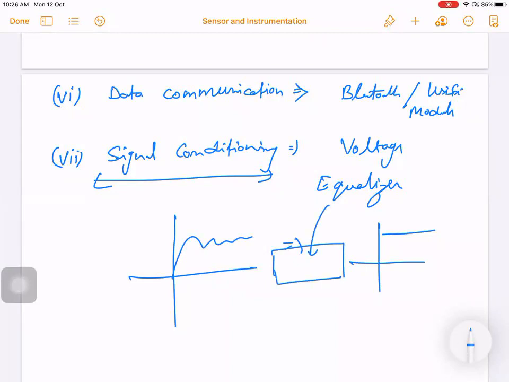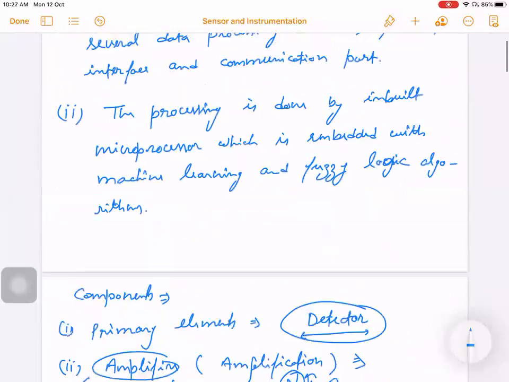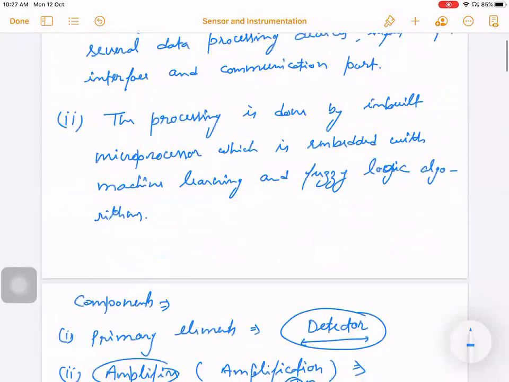Okay, so these are the components we use in a smart sensor. You can write many components yourself, like input output devices, peripheral devices. You can take examples and explain there. Okay, so we have discussed some points related to this smart sensor.